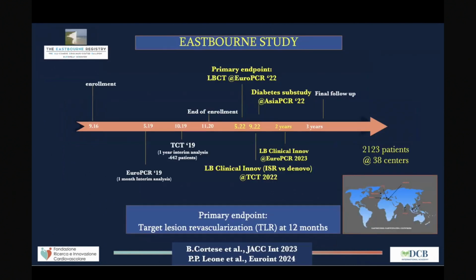Okay, so we have the EASTBOURNE study. EASTBOURNE is a large prospective study, with more than 2,000 patients enrolled prospectively in Europe and in Asia, with a MagicTouch sirolimus-coated balloon. Primary endpoint is TLR at 1 year. We published the 1-year follow-up last year, and this year in EuroIntervention, the 2-year follow-up. I'm not going to go deeper into this study.